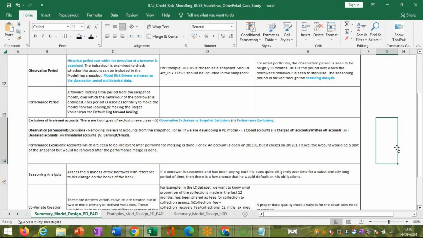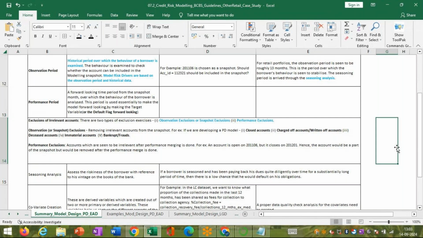But can I use 2006 as a modeling snapshot? The answer is no, because I don't have the information of the last 13 months, right? So the first month that I would use is 2007-06 as the modeling snapshot, because at 2007-06 I have 13 months of observation and I have 12 months of performance information. So 2007-06 becomes my first modeling snapshot. What will be the last modeling snapshot?